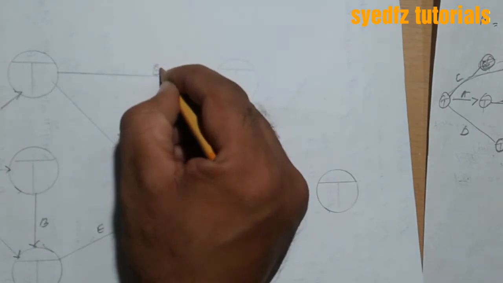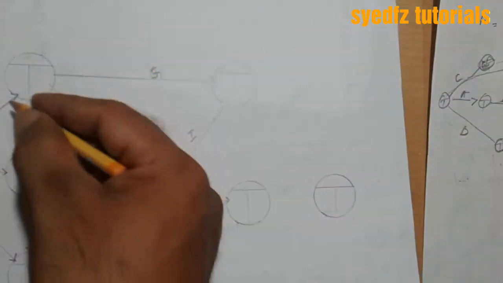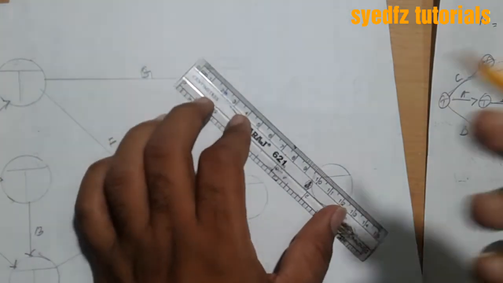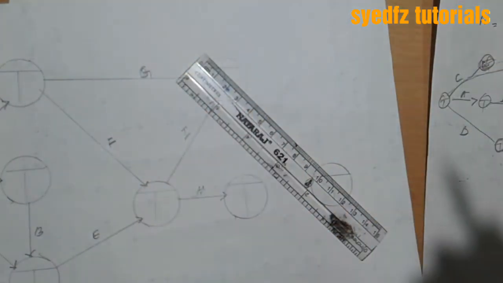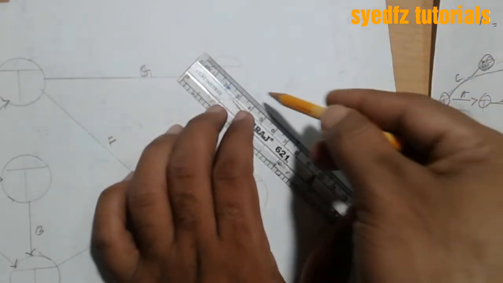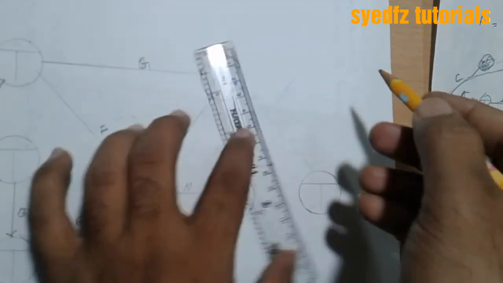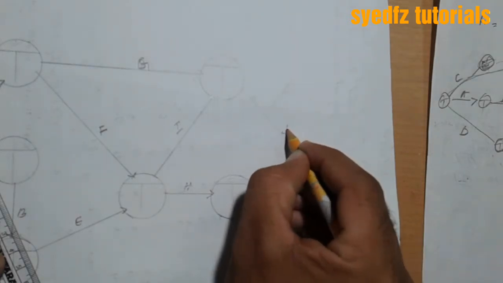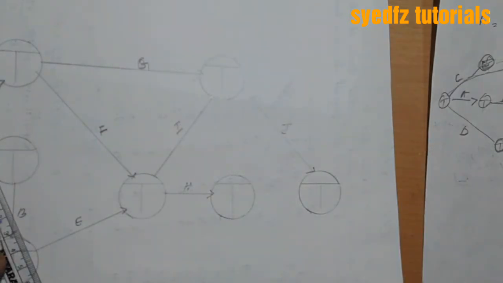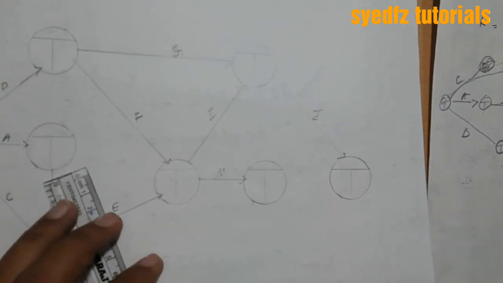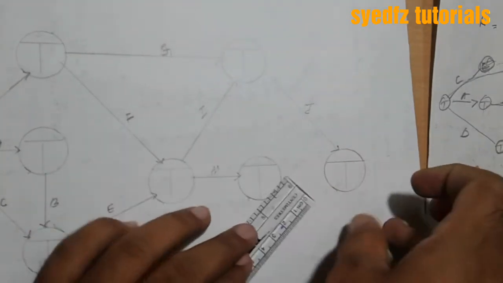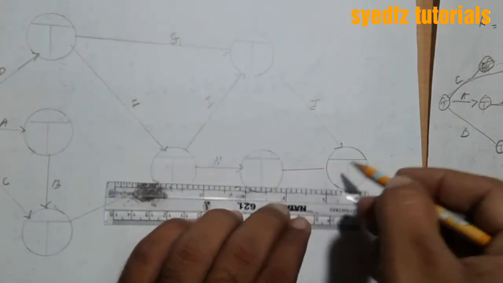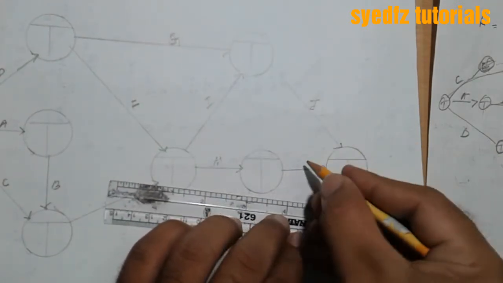This is G, from G, from D. Okay, so this activity J happens from G and I. This activity J. Now K happens from H. This is the H and this is the K. So all activities are over.